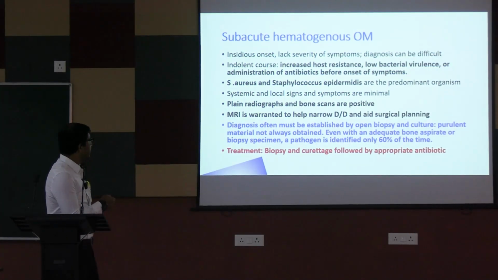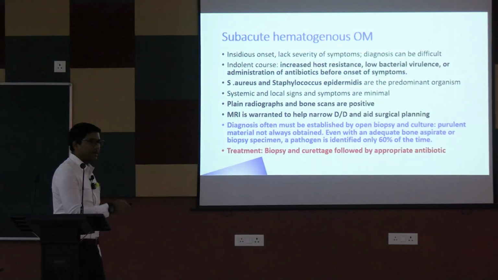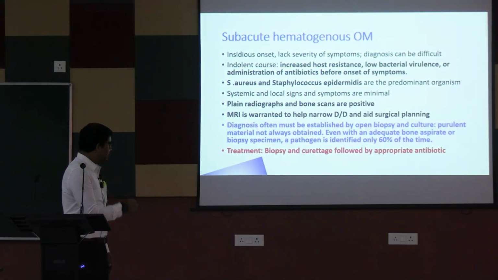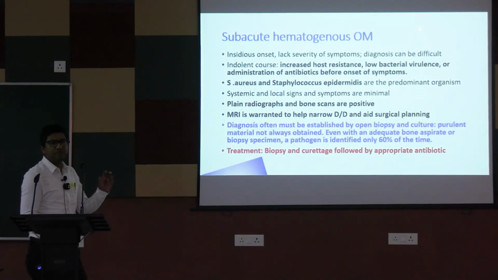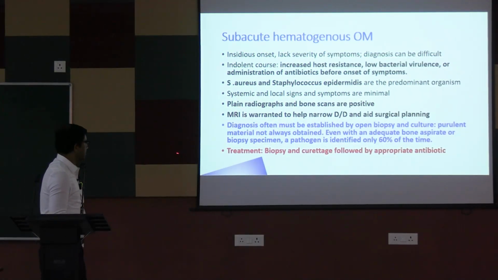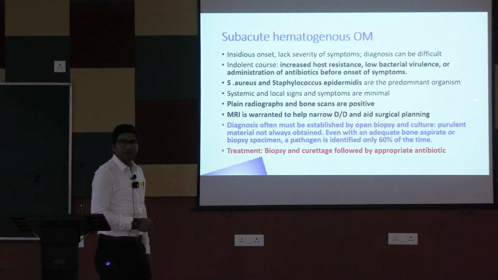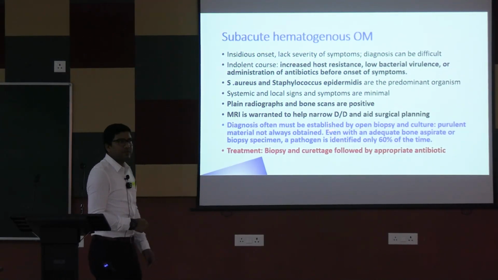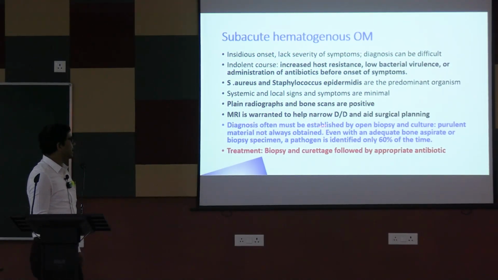Based on the clinical features, you have to get X-ray radiographs for the diagnosis, and since the clinical signs and symptoms are very minimal, very often you have to go for the MRI to narrow down your diagnosis. Diagnosis is sometimes established with biopsy, but biopsy is not confirmatory because in most cases you get a negative biopsy.